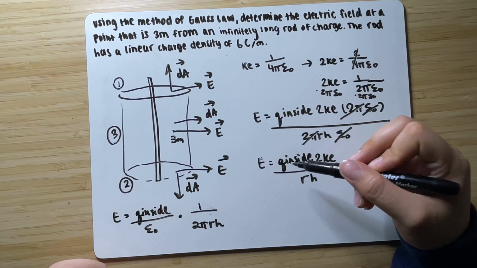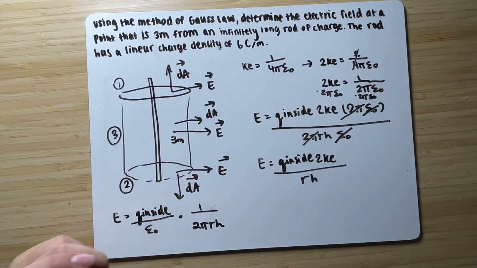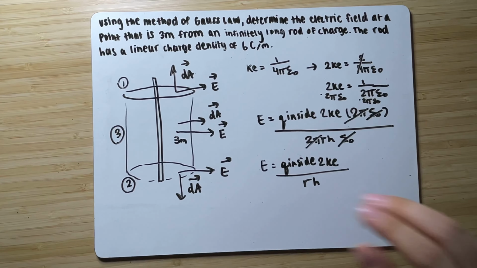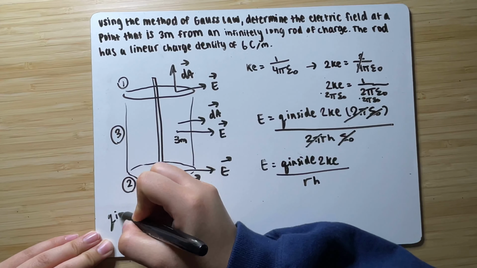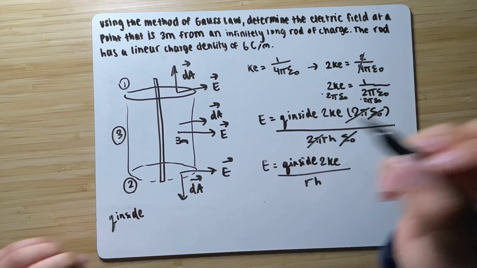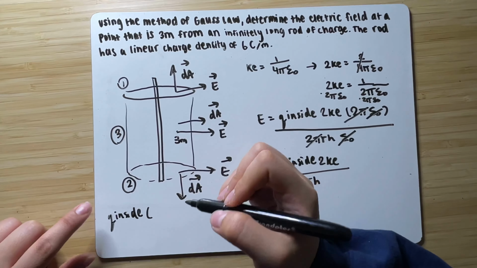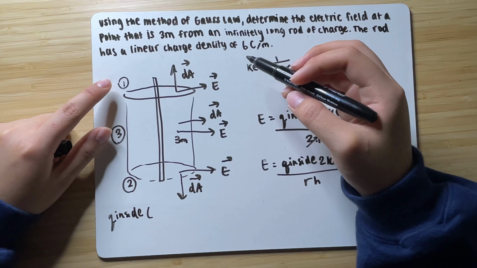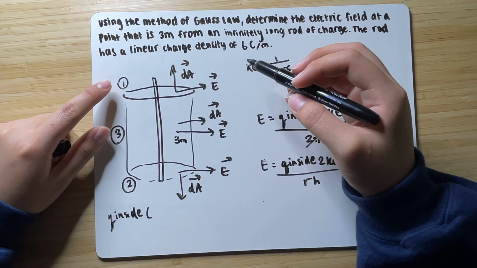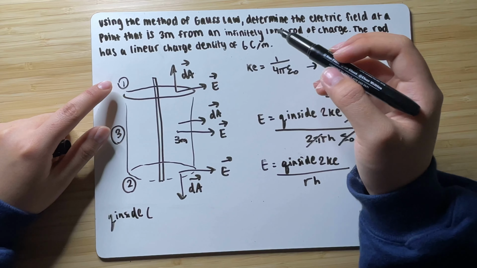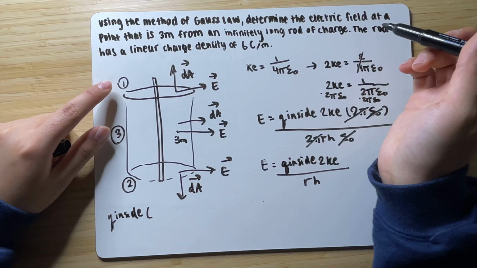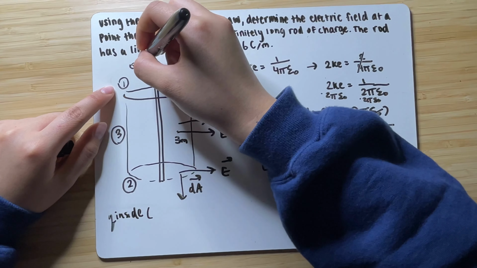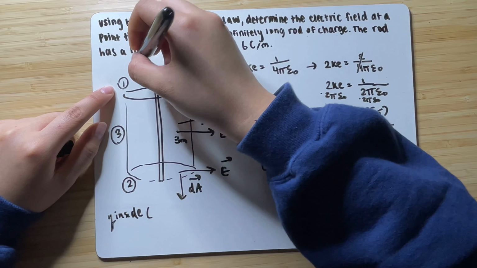Okay, now here's our next mission. We want to know what the charge inside is. So let me erase this part to have more space. Charge inside. With this cylinder, we know that, first of all, the rod has a charge density of 6 coulombs per meter, okay?